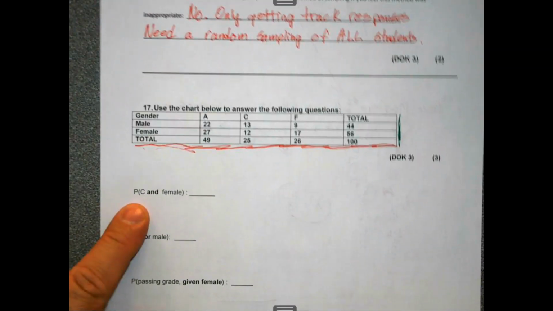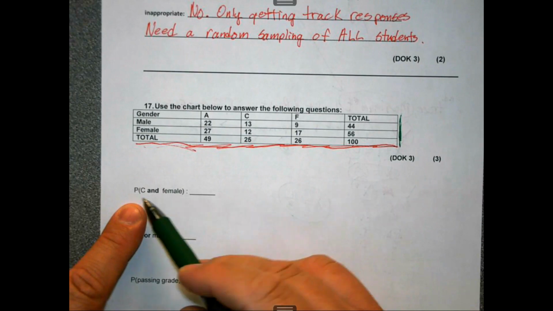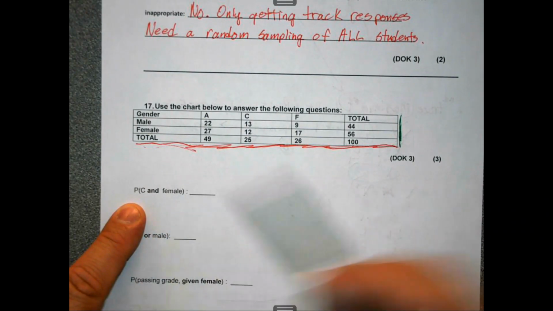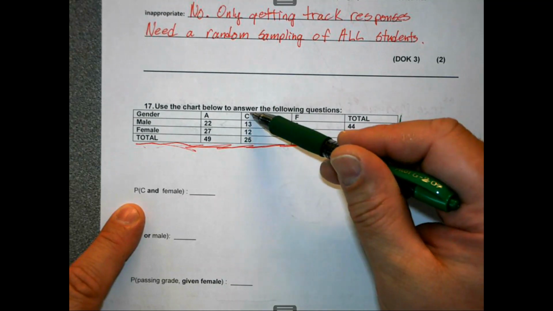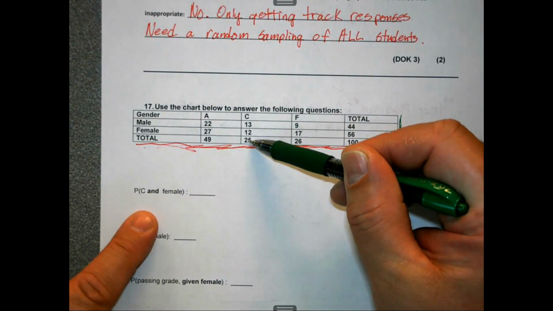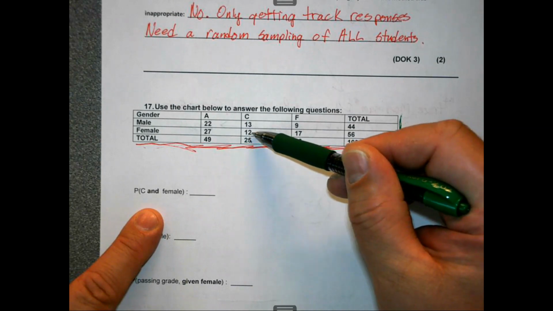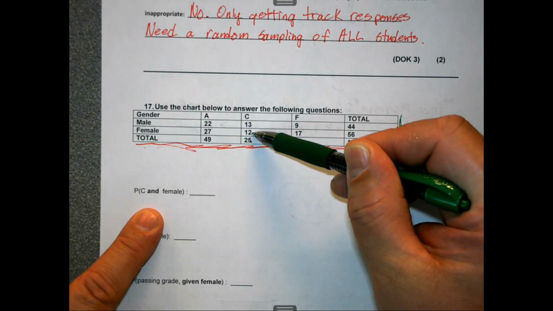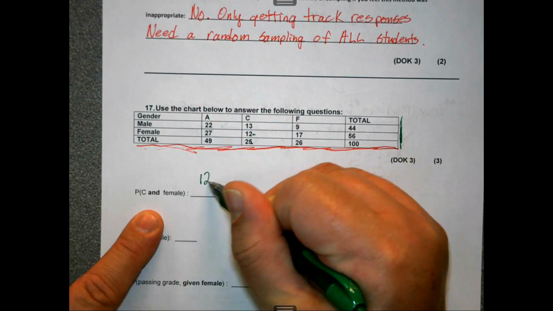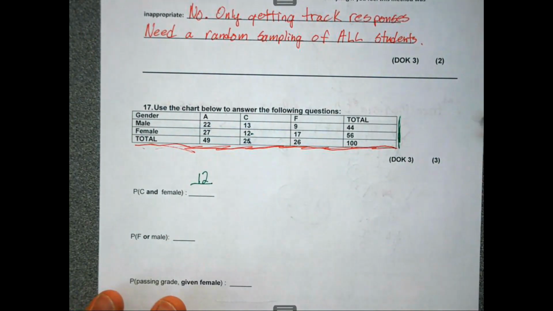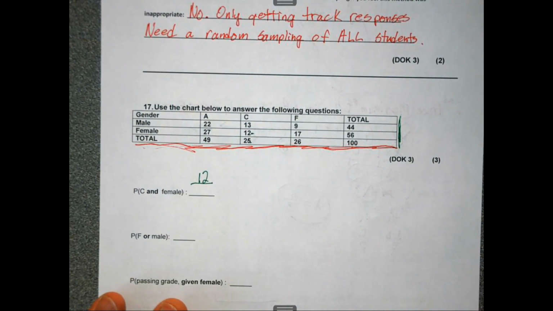Okay, so the first one, we want the probability of a C and female. Here's the probability of C. It's 25, and of those 25, 12 are female. So I have 12. What am I going to use for the denominator? The total, right?